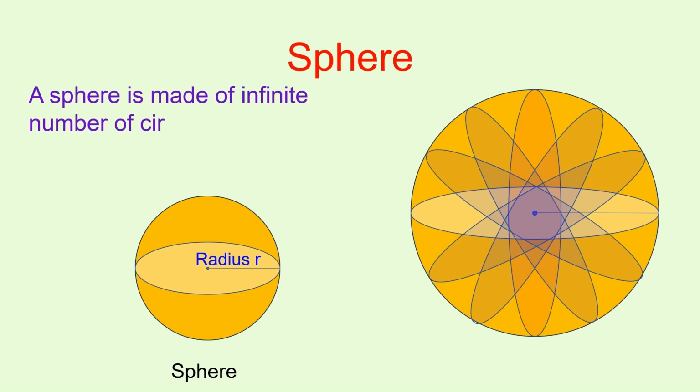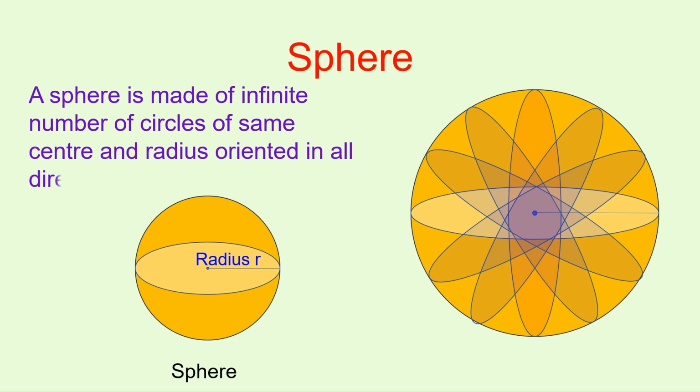A sphere is made of an infinite number of circles of the same center and radius, oriented in all directions in a three-dimensional space.